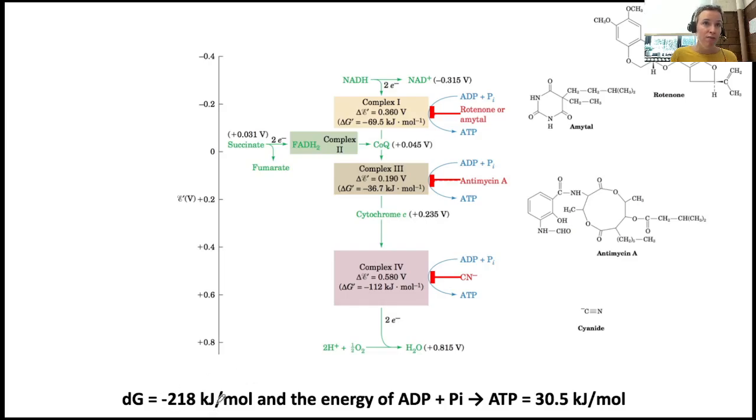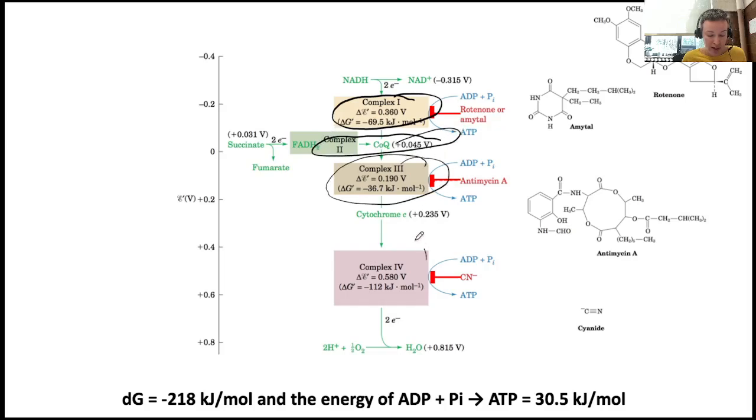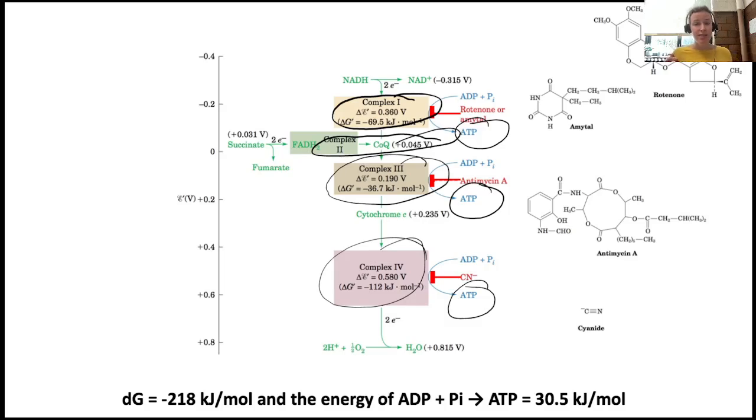So rather than all of this energy being released at once, we see that energy is released in complex 1, energy is released in complex 2, in complex 3, and complex 4. Enough energy is released in complexes 1, 3, and 4 that each of those energy release steps more or less corresponds to the production of an ATP.